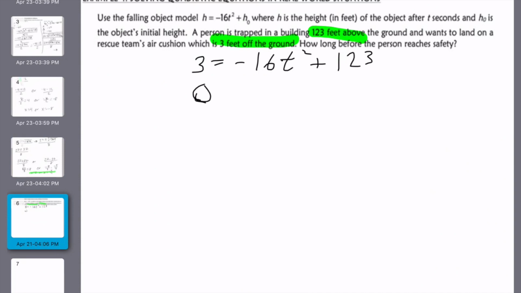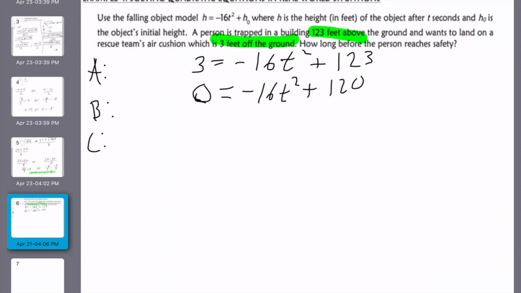Oops, that doesn't really look like a 0. There we go. 0 equals negative 16t squared plus 120. And now I have enough information for me in order to write what my A, B, and C are.